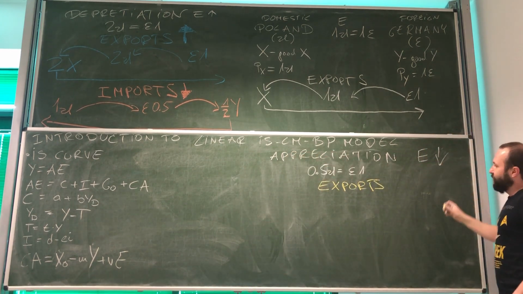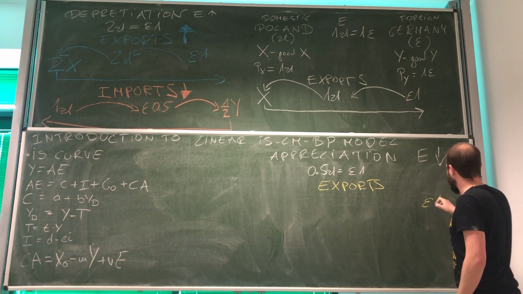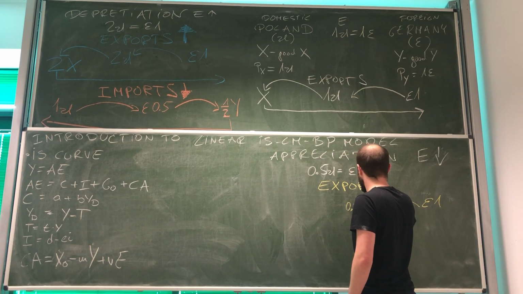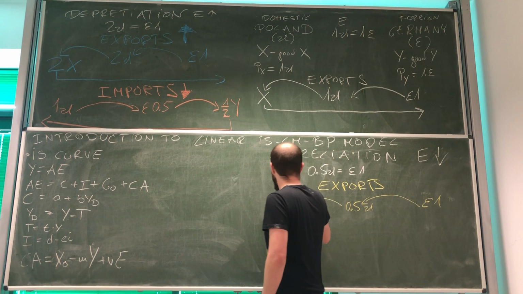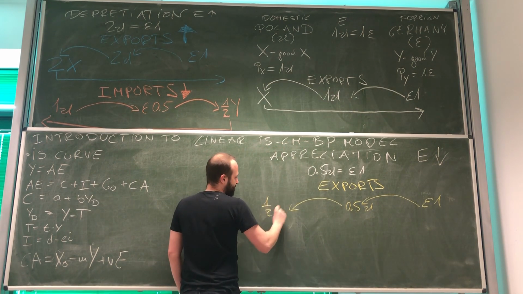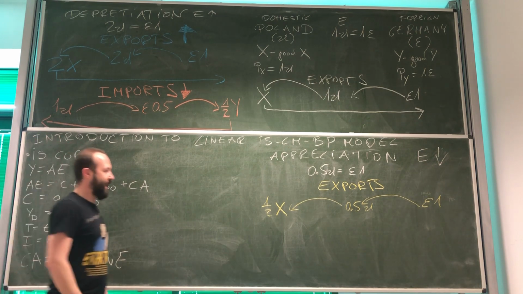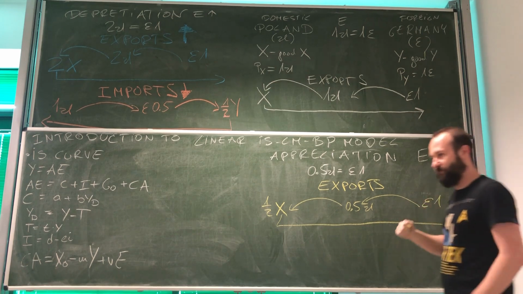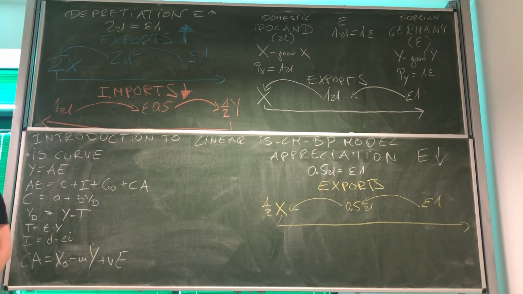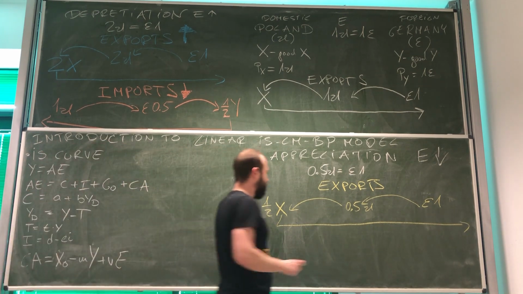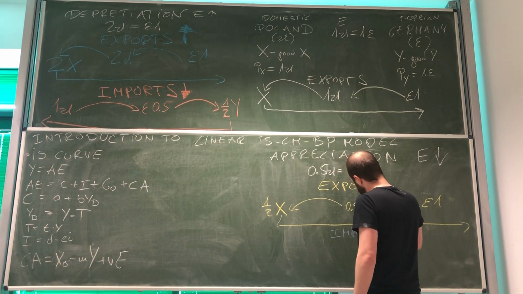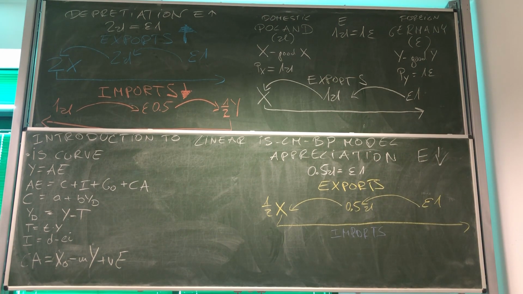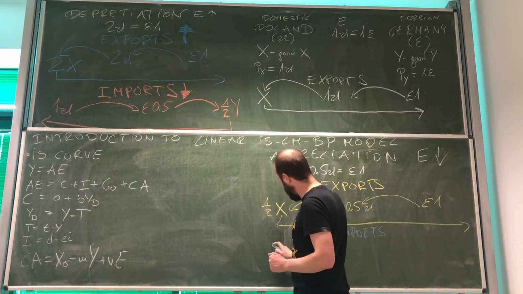Well, again, our German just takes €1, exchanges it for 50 groszy and is able to buy only half of good X. And those are, of course, exports of Poland or imports of Germany. Then, let's look at imports. In case of imports, we start from the perspective of a Pole.